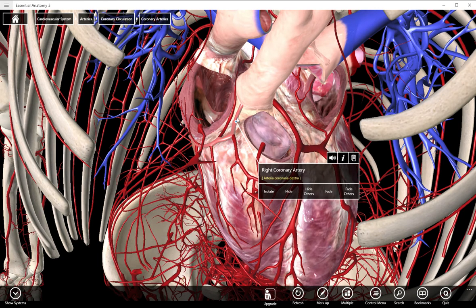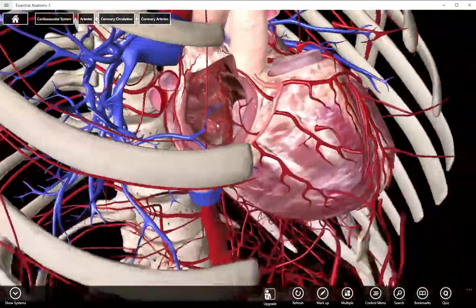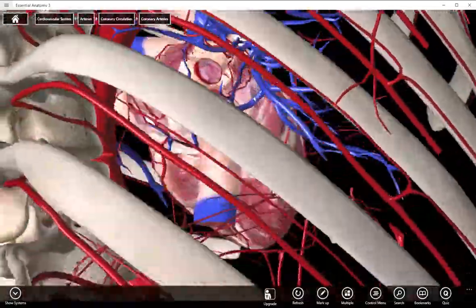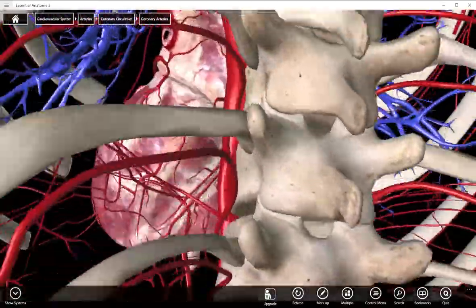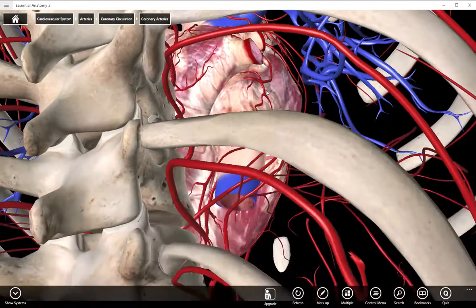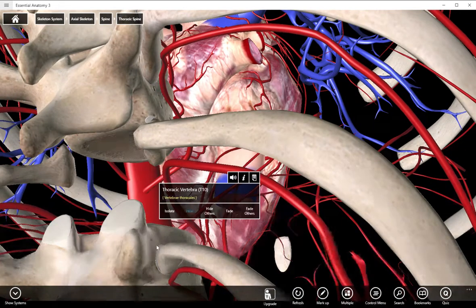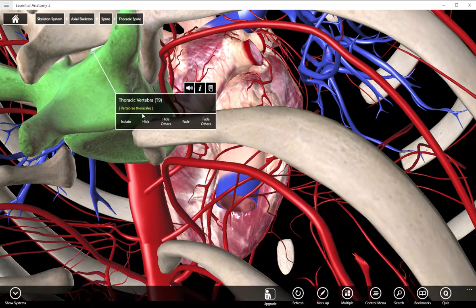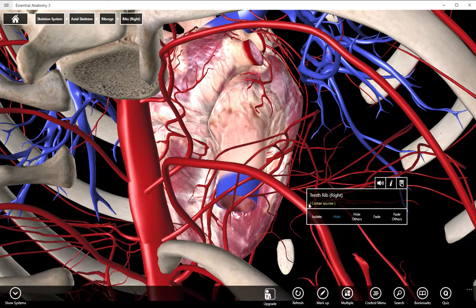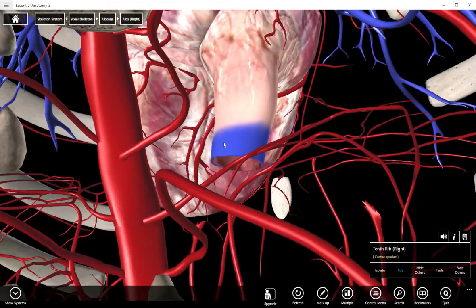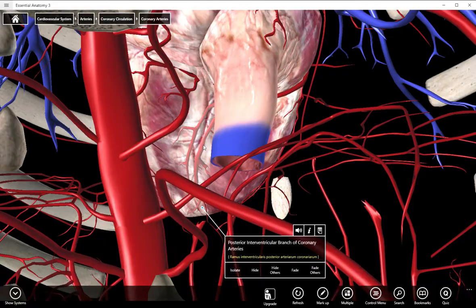There's really only one thing on here that I need you to know, and let's see if we can get to it. I need to hide some vertebrae. Oh, but then we got the aorta there. Right here, the posterior interventricular branch.